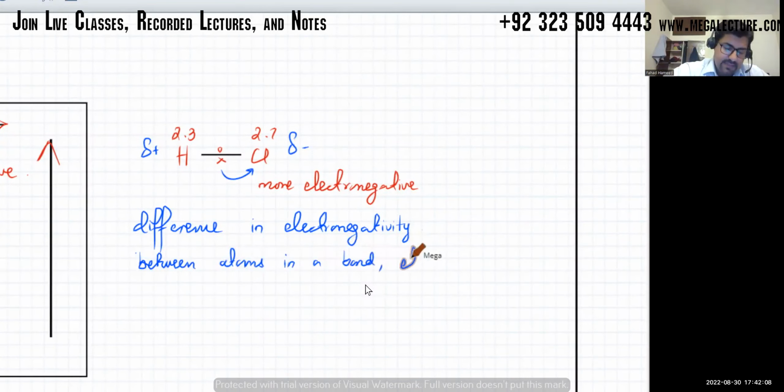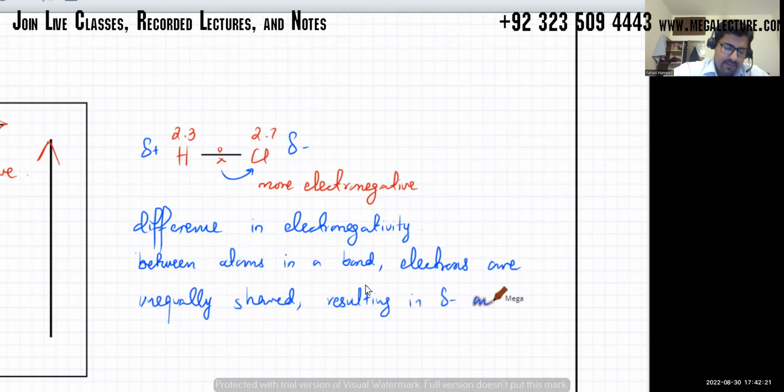And this results in slight delta negative and slight positive. So minor positive, minor negative charges on the atoms.